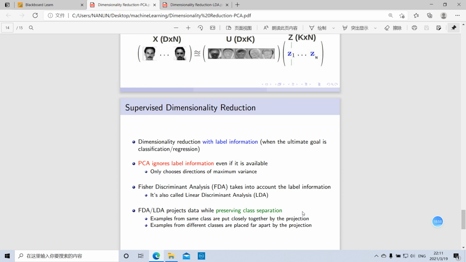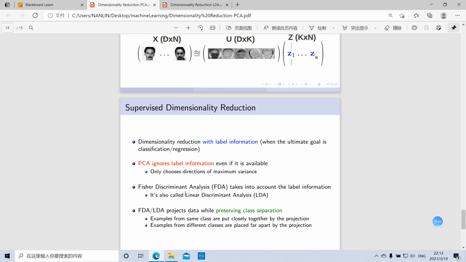To summarize dimension reduction, some methods use label information, class information, which helps us do classification. For example, your image has a person, female or male, so you have a class label. For principal component analysis, we ignore label information. We only try to find the direction of maximum variance and generate the U projection matrix. In the last video, we already learned the linear one, LDA.